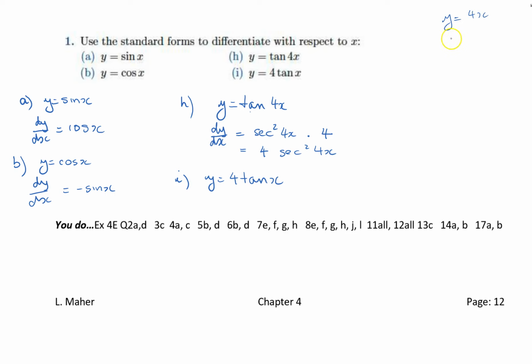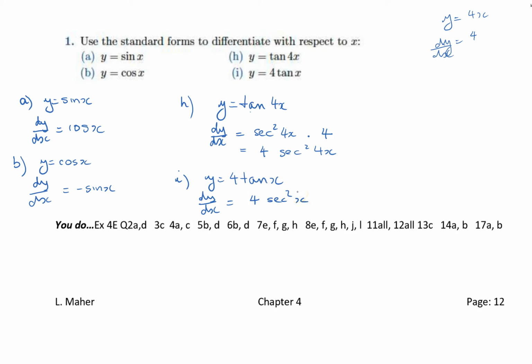When we differentiated that, we took the 4, differentiated, kept the 4, differentiated x, which is 1, and so we get dy dx is 4. Here, to find dy dx, we'll keep the 4, and we will differentiate tan of x. Differentiating tan of x is sec squared x.